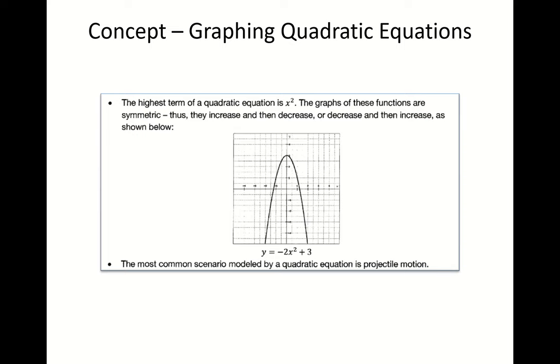So just look at that and see the ways that the parent function, which is x squared, has been transformed. Here in this equation, there's a negative sign, and there's also a 2, which stretches the function vertically. And then there's the 3, which is going to shift it up or down.